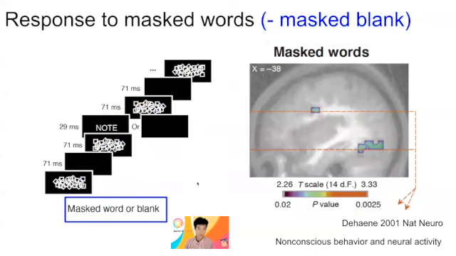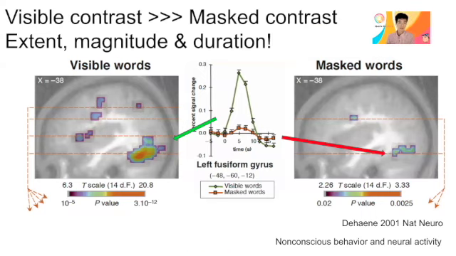To put them both in the same figure, here's the contrast, the same figure but side by side. If you look at the fusiform gyrus and plot the magnitude of the response, the visible word versus visible blank produces a really huge response like this. That's the source of this 10 to the minus 12. On the other hand, the fusiform gyrus for the masked word does produce some kind of response like this, and it's different from 0 over 10 seconds, but it's much weaker in terms of response and significance.